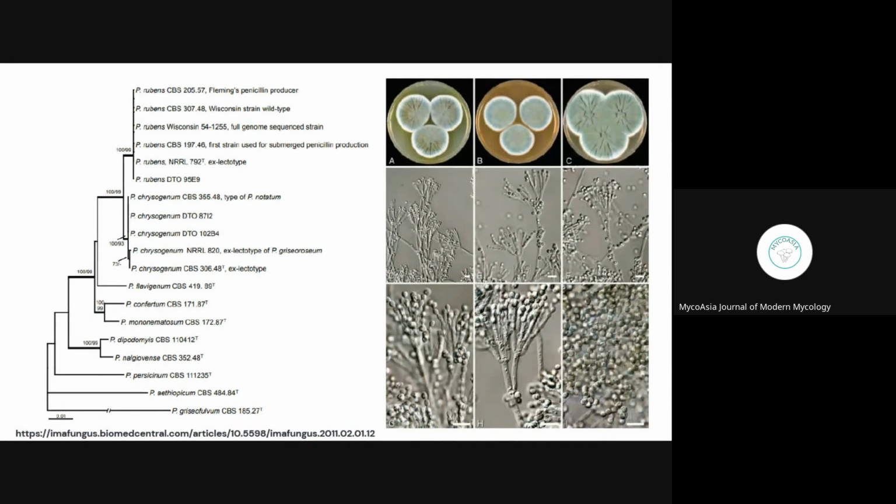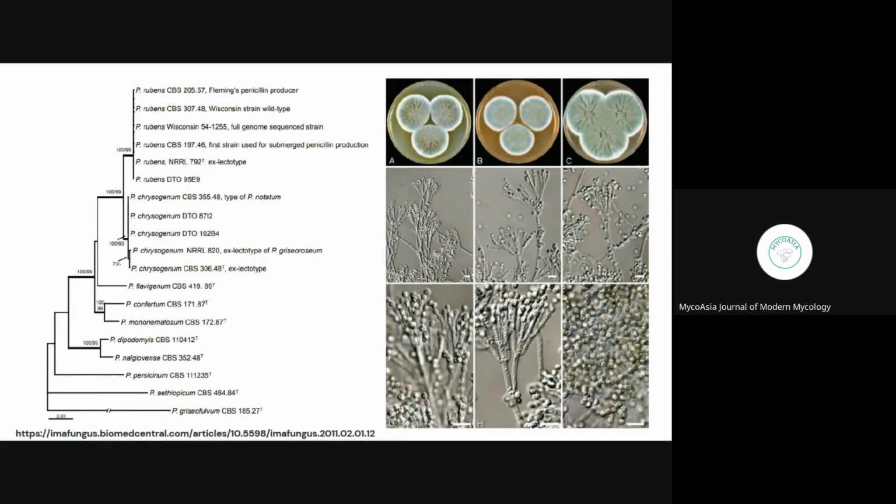A phylogenetic tree can help you to identify a species accurately. For example, here you have a fungal culture of Penicillium. This is the culture from which penicillin was originally, accidentally discovered. This is Fleming's penicillin producing culture. It belongs to the genus Penicillium.